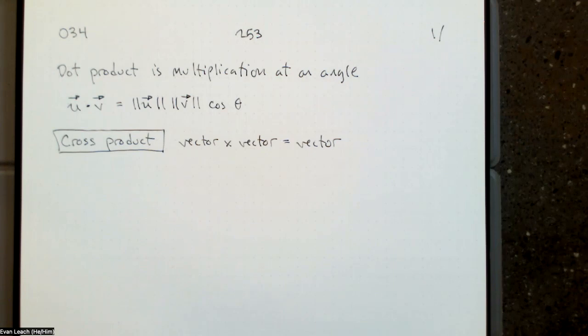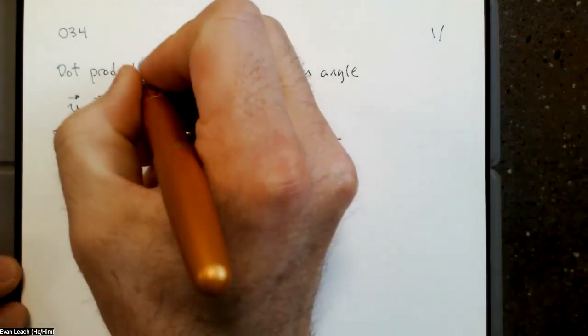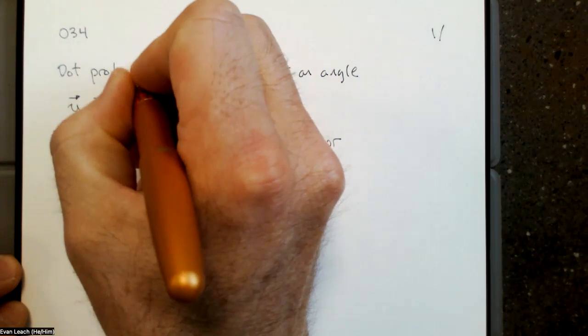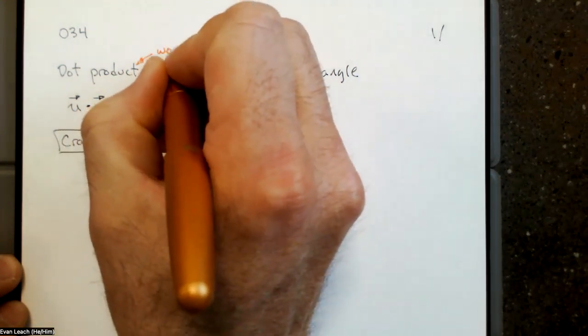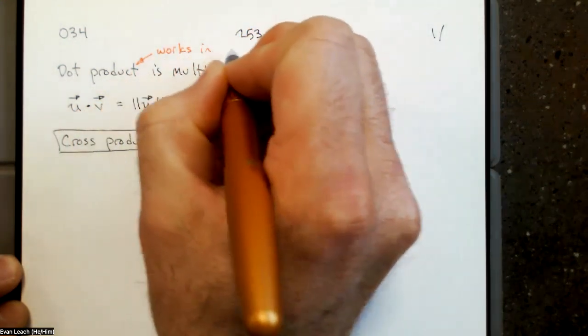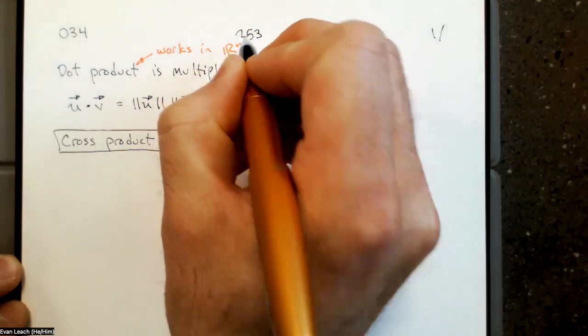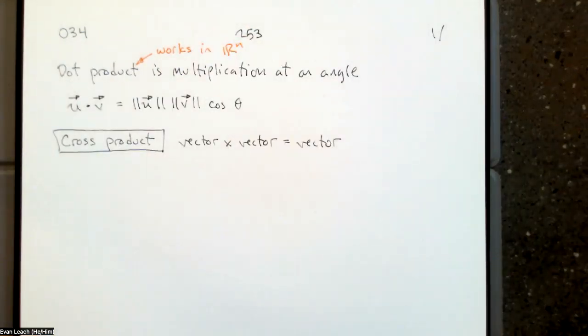The cool thing about the dot product is that it works in any space. The dot product is always in effect, and it works in any Rn.